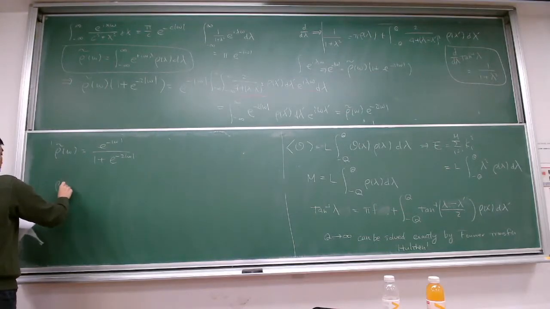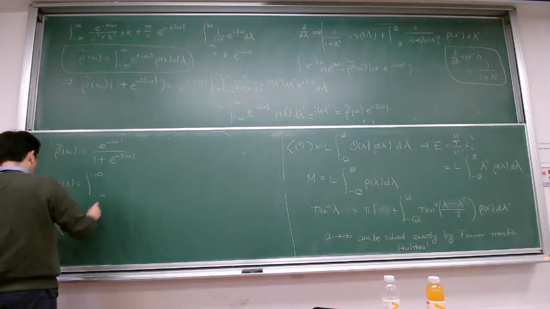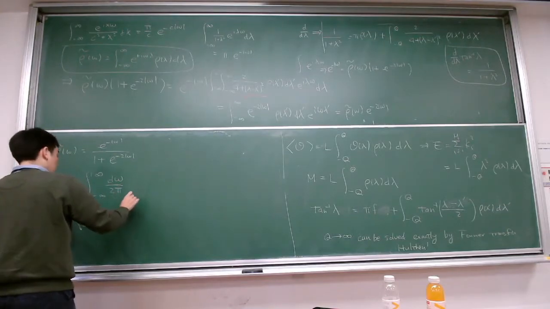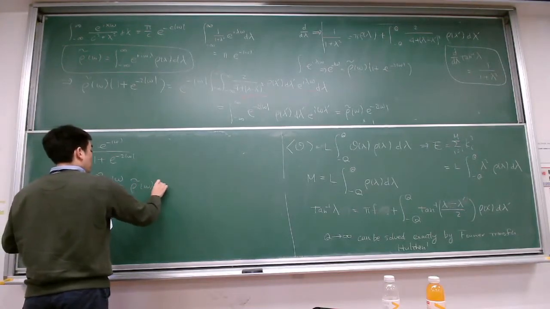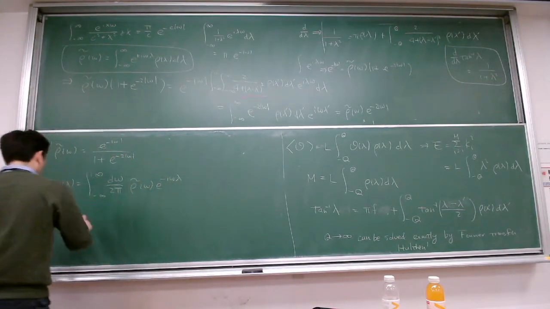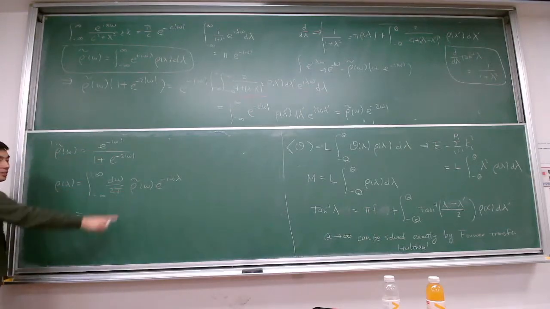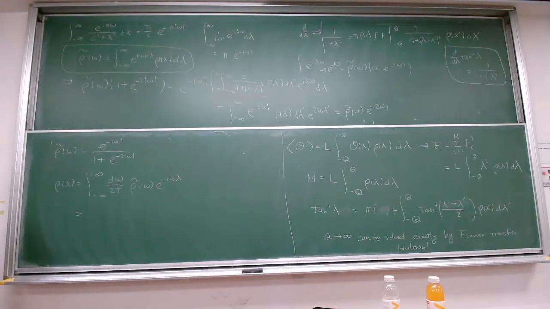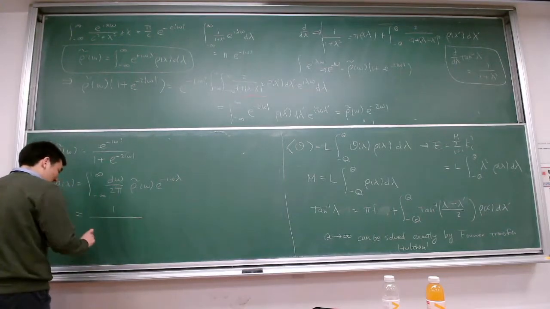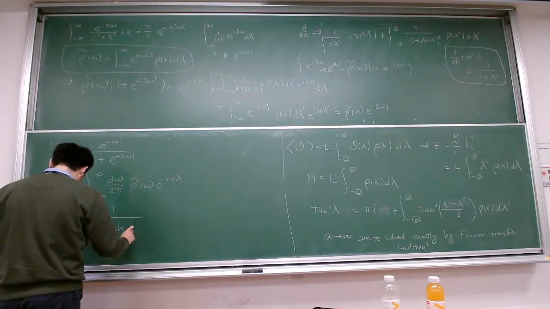Rho lambda is equal to the integral from minus infinity to infinity d omega over 2 pi, rho tilde of omega e to the minus i omega lambda. Plug this one into here. You can just ask Mathematica to do that, or you can just look at the book and you can have pi over cosh pi lambda.